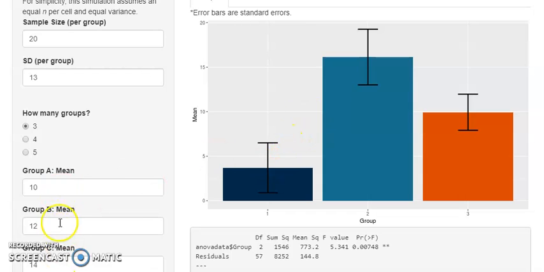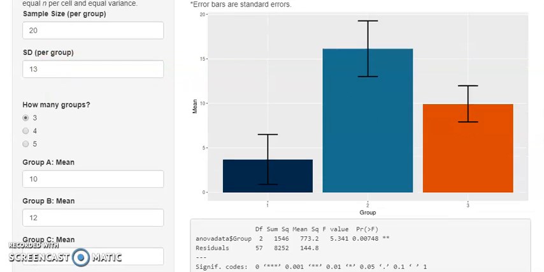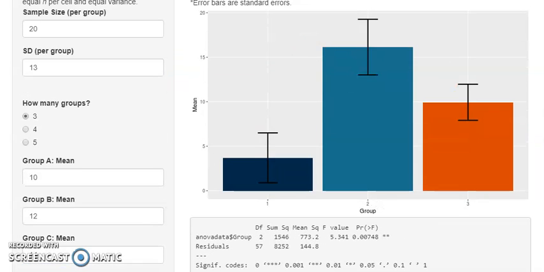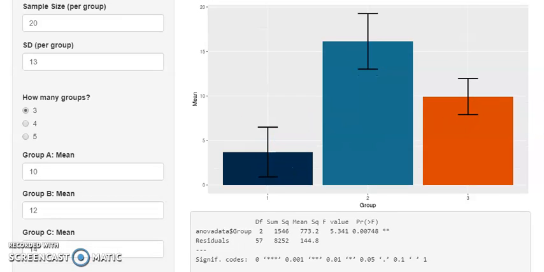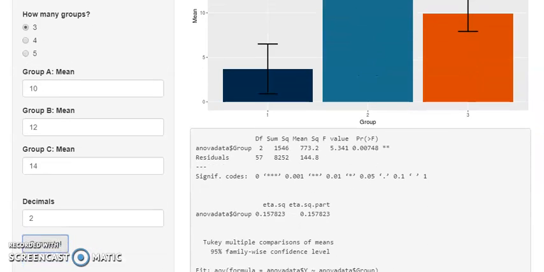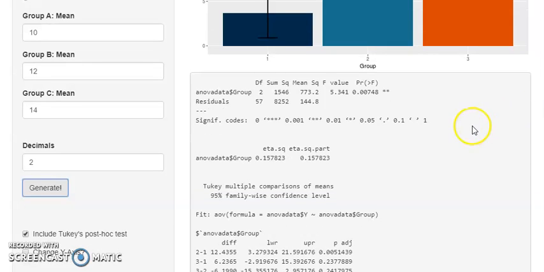Again, I still have the same means for each one of my 3 groups. The only thing that I've changed is standard deviation, which goes to the denominator. And so you can see there is a big contrast now amongst these 3, but there's a lot more variation, large error bars happening. I also can look through and see that I still have a significant F here.